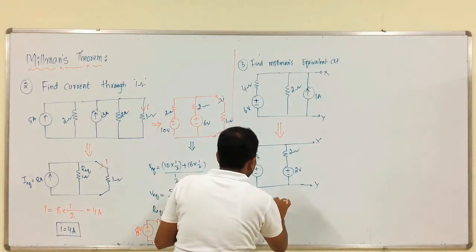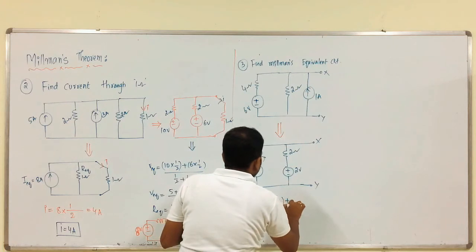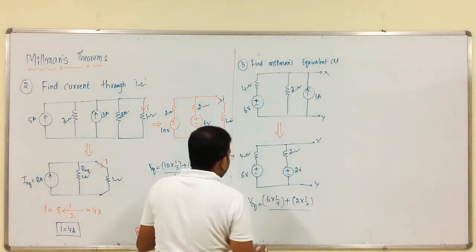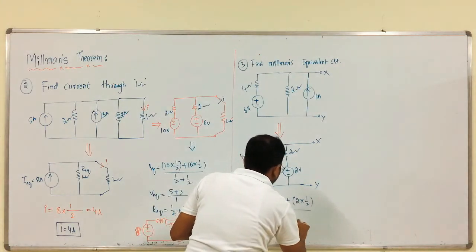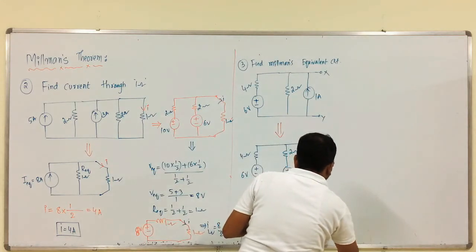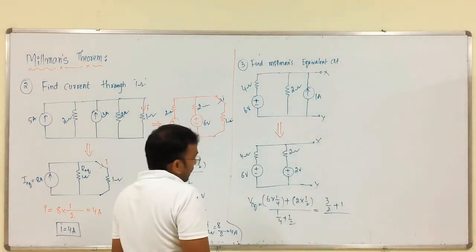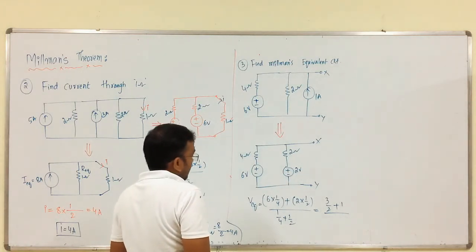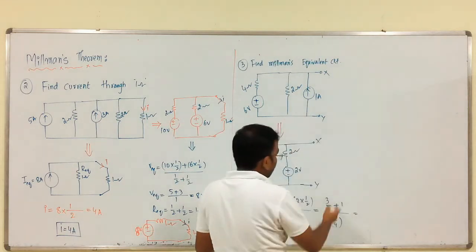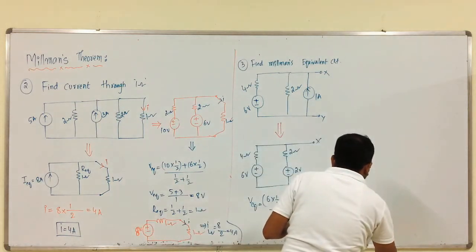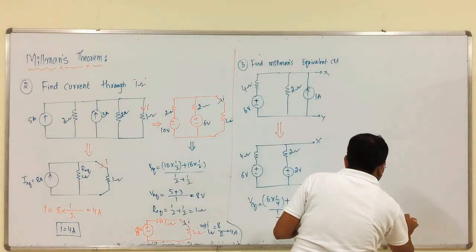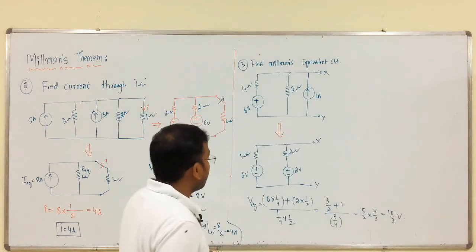See, 6 into 1 by 4 plus again 2 into 1 by 2, by 1 by 4 plus 1 by 2, which is equal to 3 by 2 plus 1 by 1 by 2 plus 1 plus 2, 3 by 4, which is equal to 3 plus 1, 5 by 2. So, 5 by 2 into 4 by 3, 10 by 3. So, V equivalent is 10 by 3.